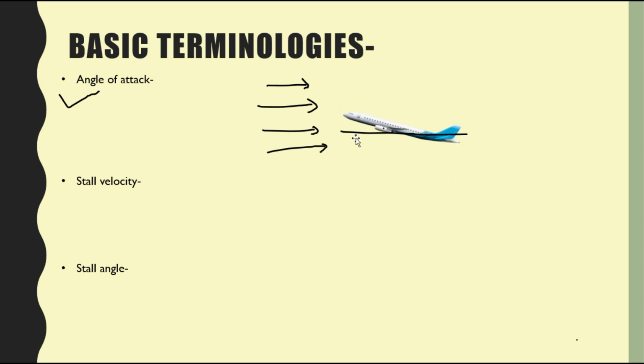So now it is at a certain angle with the airflow. This angle is nothing but what we call the angle of attack. Now if you see, I have exaggerated the figure, but this angle generally varies from maximum 1 to 12 degrees.